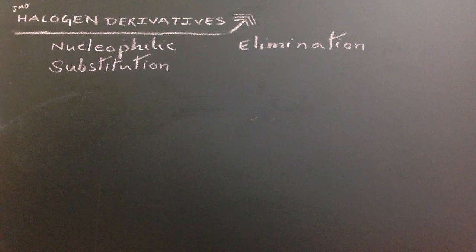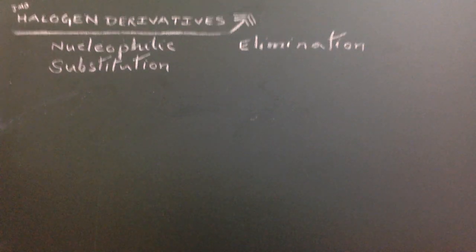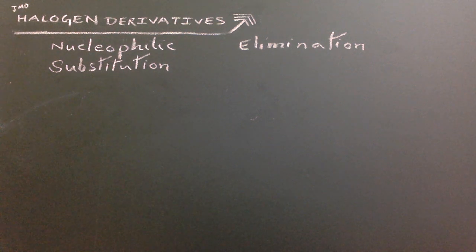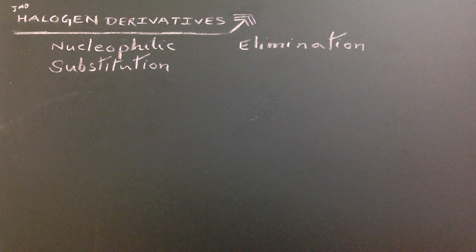Let us understand how to identify whether it is a nucleophilic substitution or an elimination reaction. Now children, as you see on the board, the topic which we are discussing is halogen derivatives.